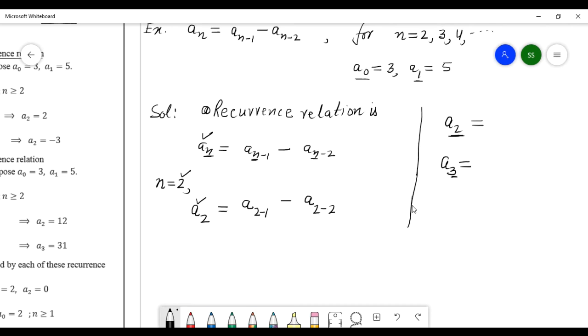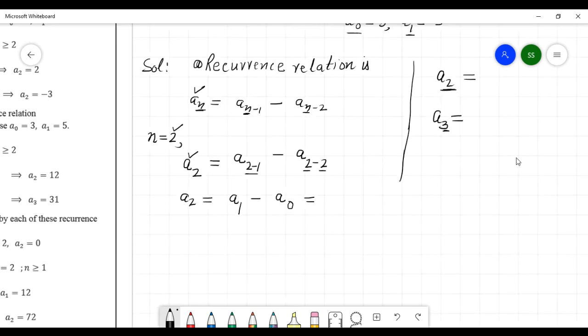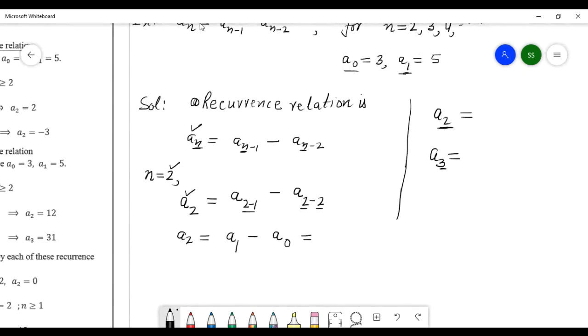And here what? a_2 equal to a_(2-1), that is a_1, and a_(2-2), that is a_0. a_1 is given in the question: a_1 equal to 5.